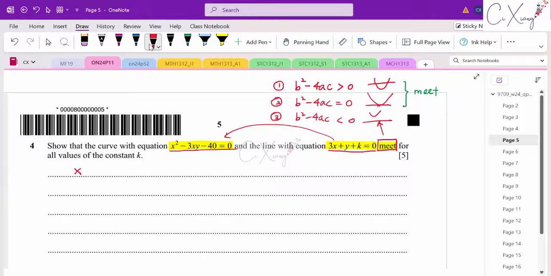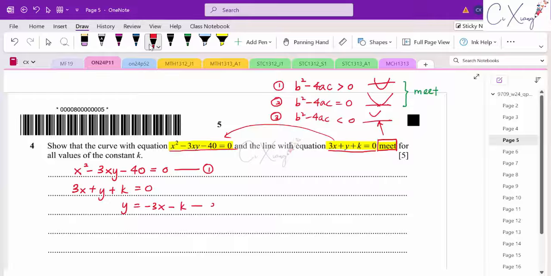Okay, so firstly, we'll let the curve be equation number 1. And every time when we want to find the intersection point, right, we'll try to substitute the linear equation into the curve equation. So my linear equation is 3x plus y plus k equals to 0. So from here, I get my y equals to negative 3x minus k.